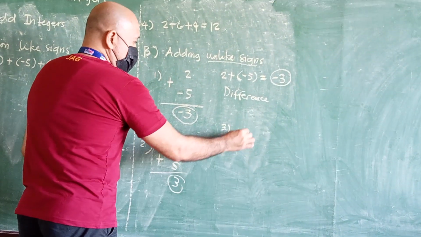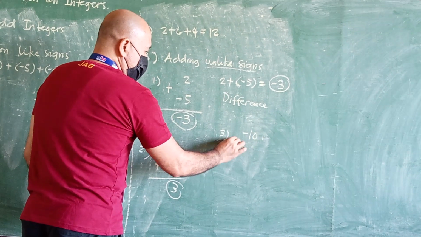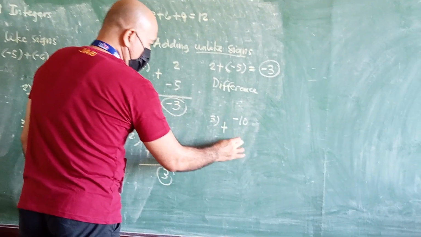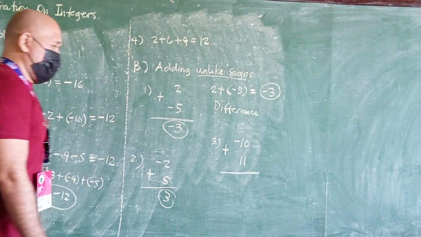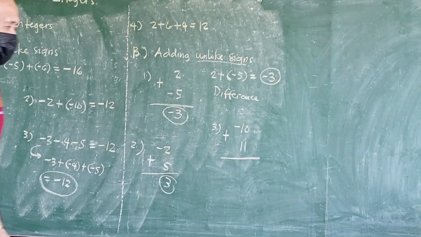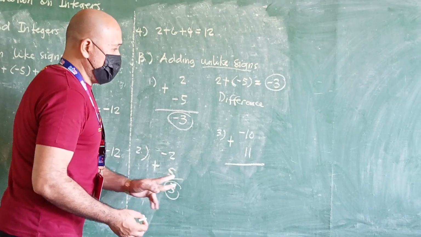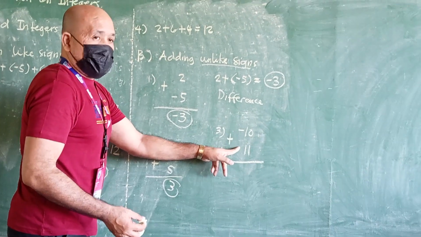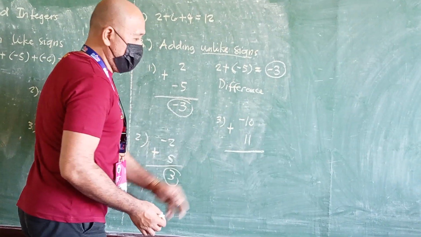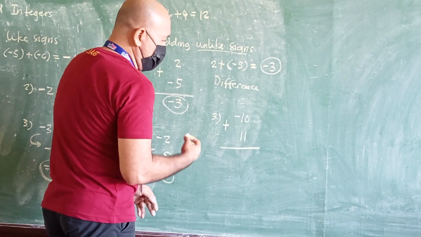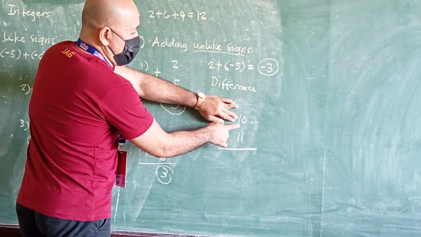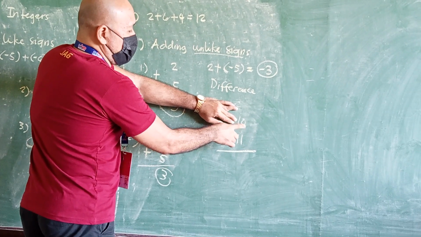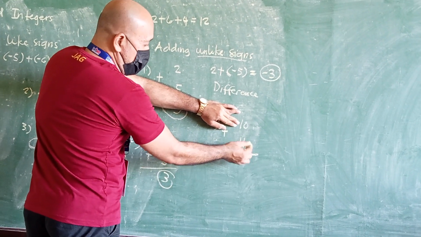We may have negative 10 plus positive 11. Again, remember, we are adding unlike signs here, two integers where the signs are not the same. When you cover up the negative, ask what number you should add to 10 to get 11. The answer is 1.